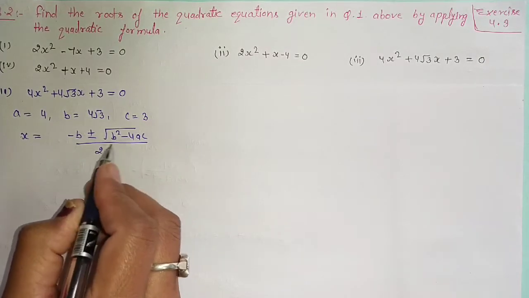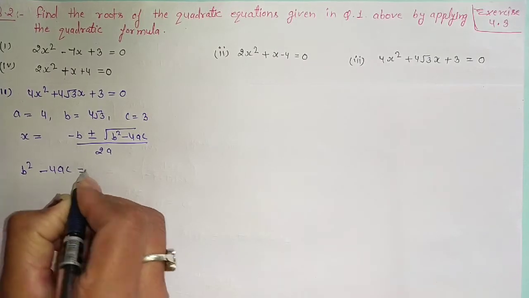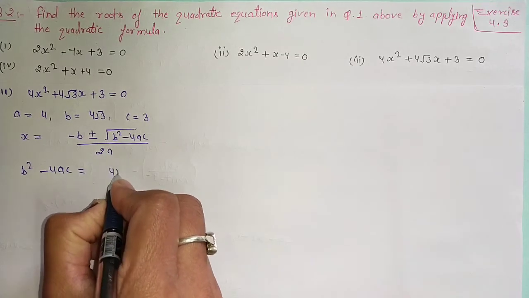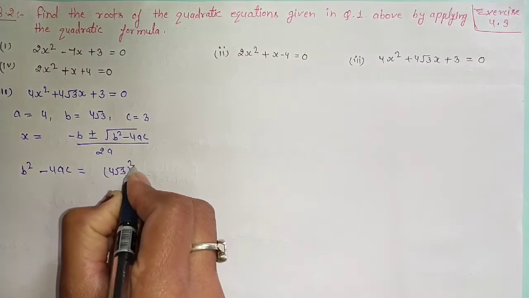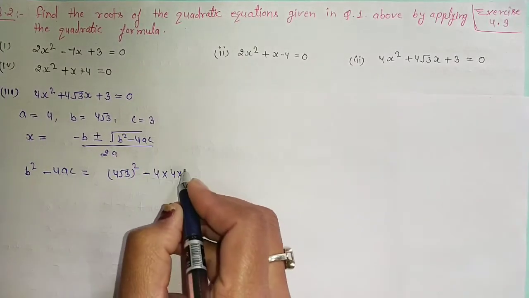First we find the value of b square minus 4ac. b is 4 root 3. Therefore, square of 4 root 3 minus 4, a is 4 and c is 3.